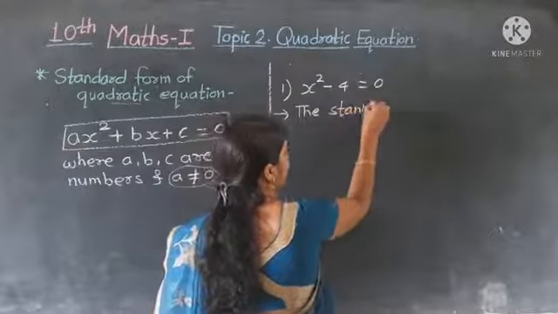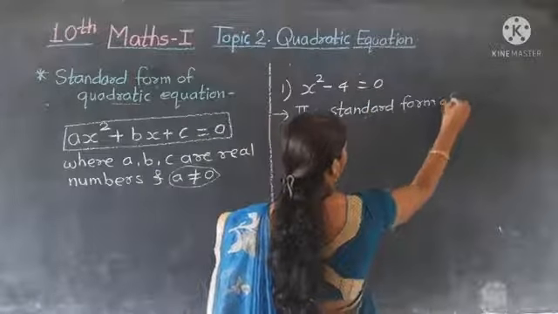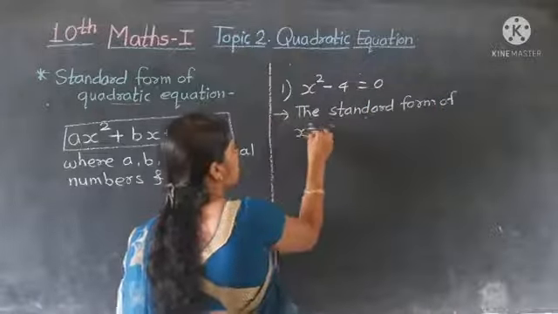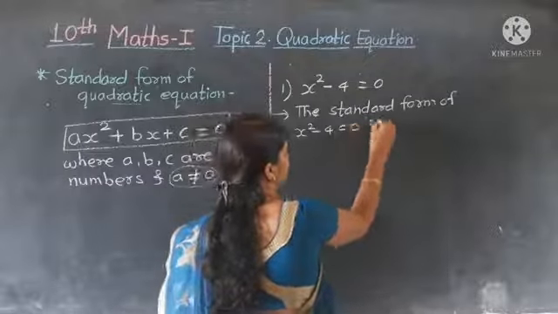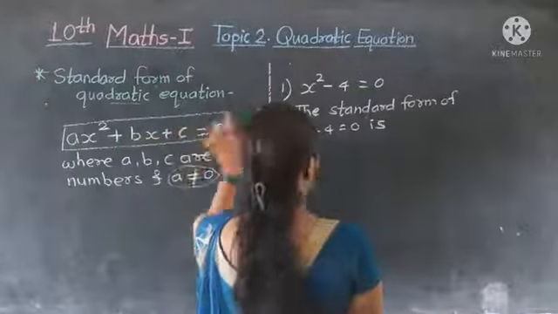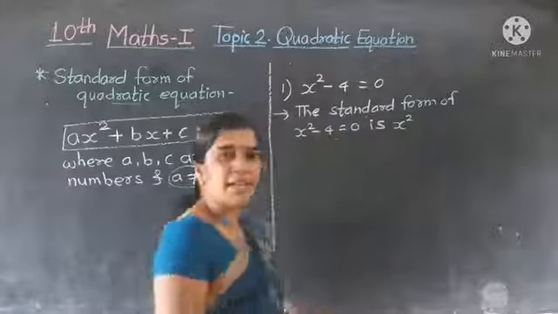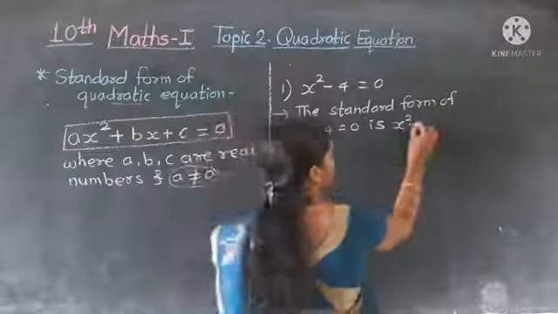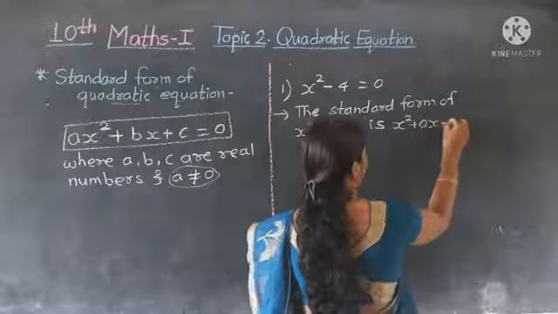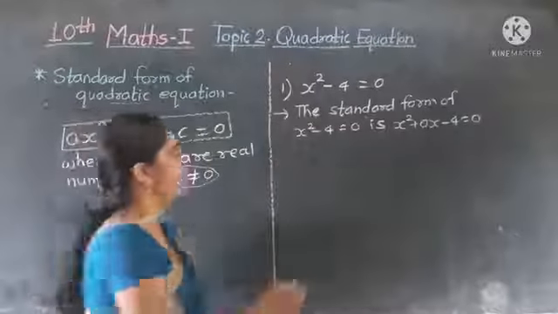The standard form of x square minus 4 is equal to 0 is: first the x square term is there, then the x term, and then the constant. Here the x term is absent, so you write it as x square plus 0x minus 4 is equal to 0. This is the standard form.